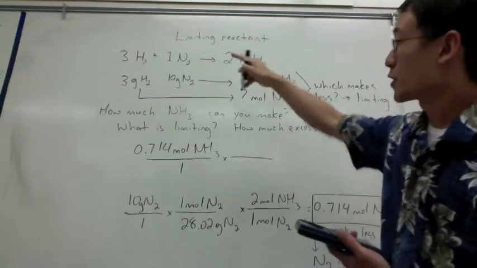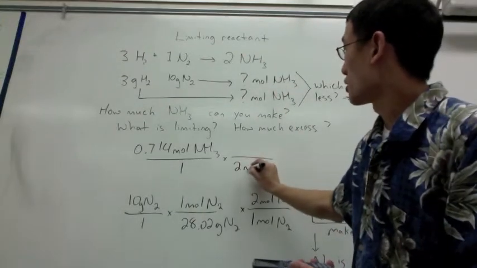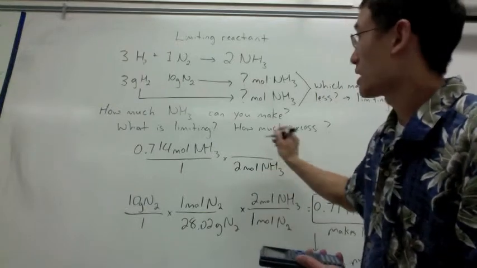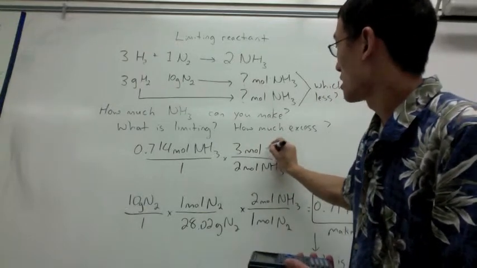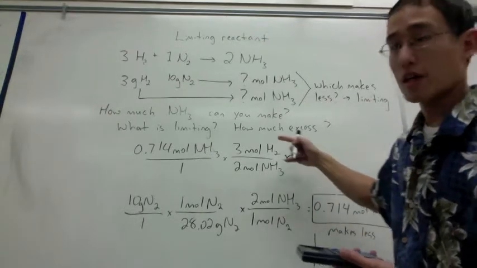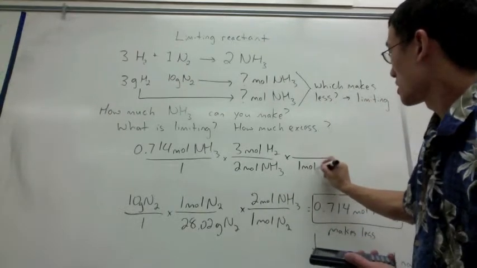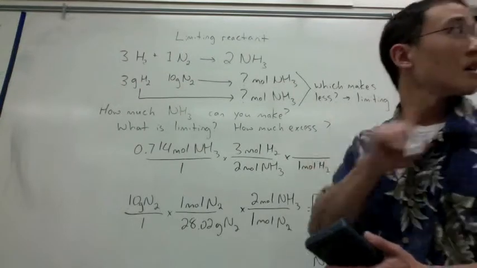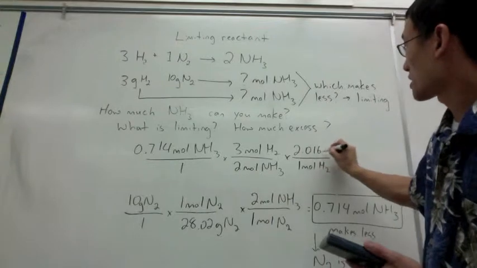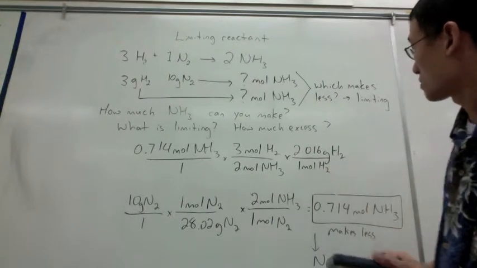I know from my mole ratio that for every 2 moles of NH3, I need 3 moles of H2. And then for every mole of H2, I am going to need 2.016 grams of H2.